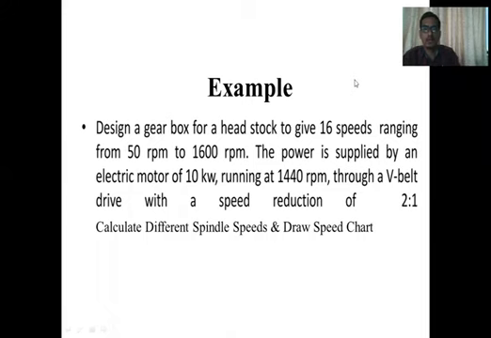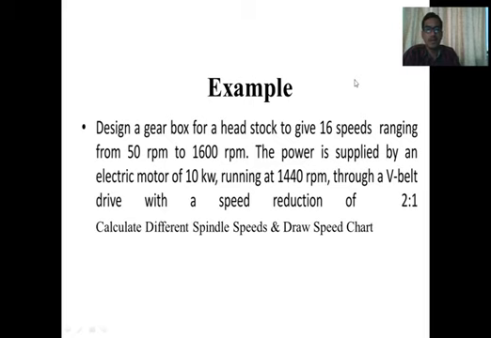Now we will see one example, and using that example, how the different spindle speeds are calculated using one law of progression. Here is the problem statement. Design a gearbox for a headstock to give 16 speeds ranging from 50 rpm to 1600 rpm.